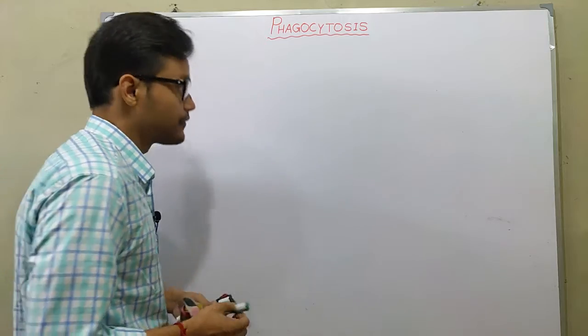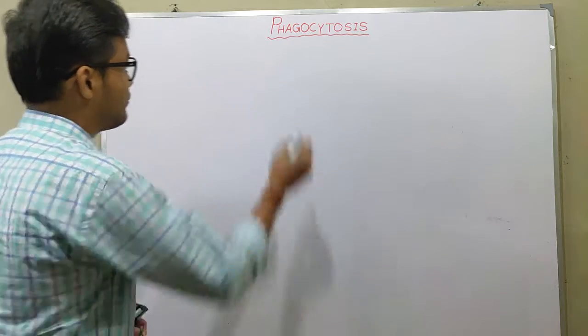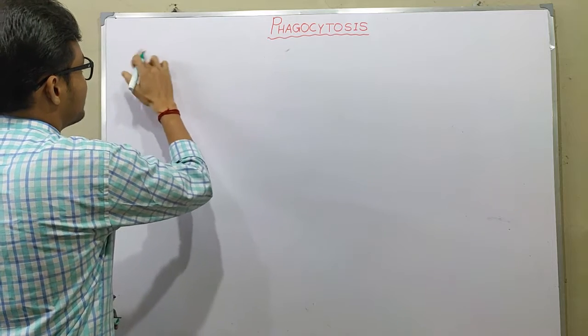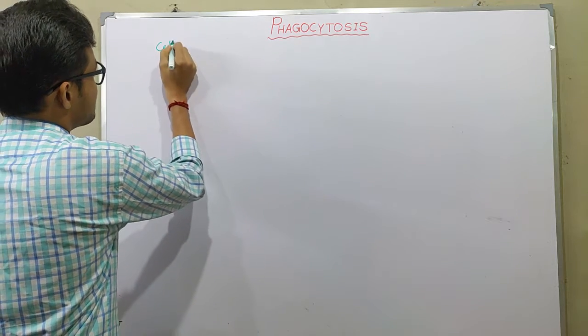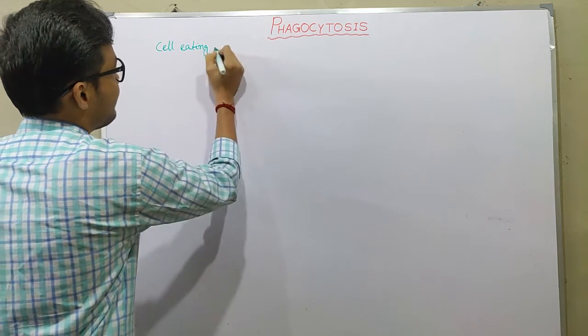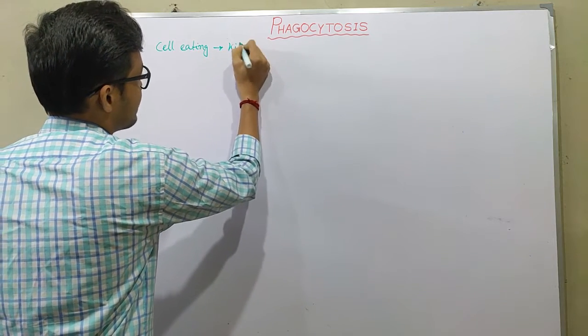First thing is that phagocytosis means cell eating. So the meaning of phagocytosis is cell eating, or killing of microorganisms.